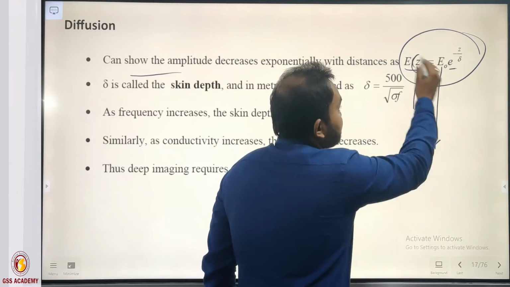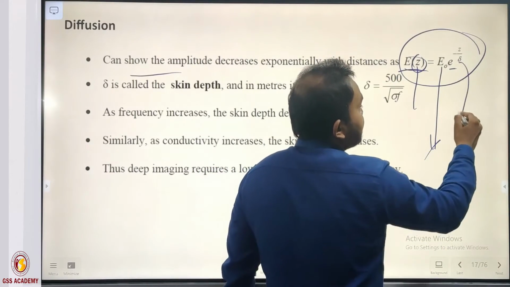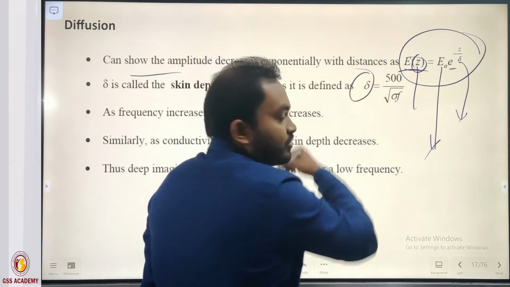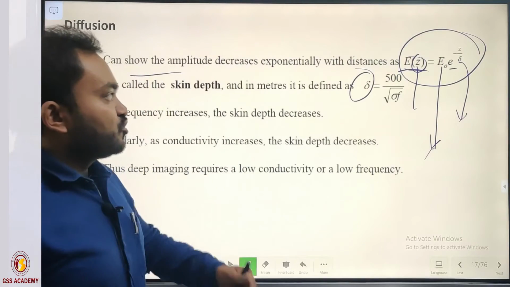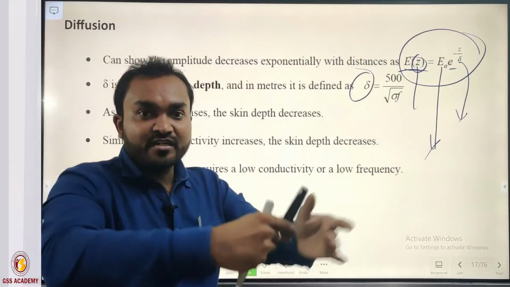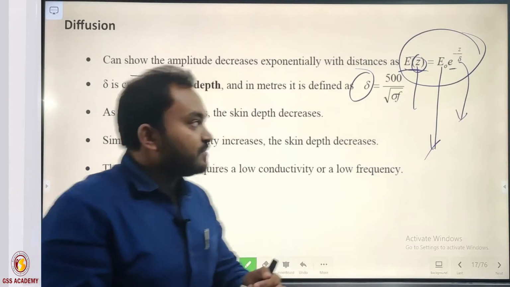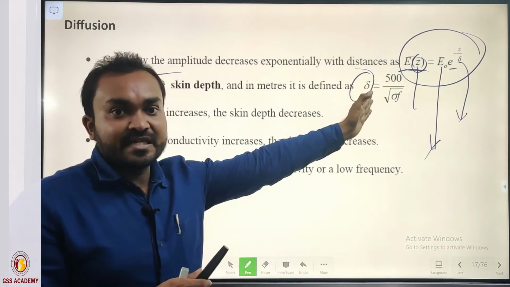And at a particular depth z, this is the amplitude, and this delta is called your skin depth. By diffusion, how much your amplitude will decrease basically depends on your skin depth.